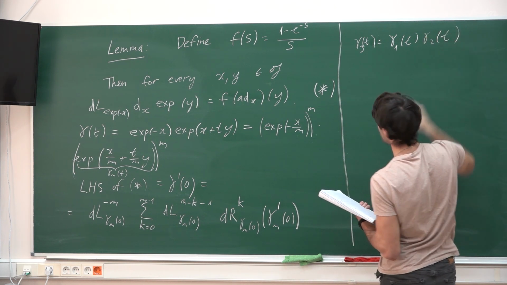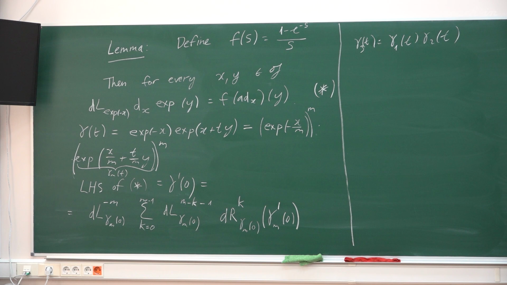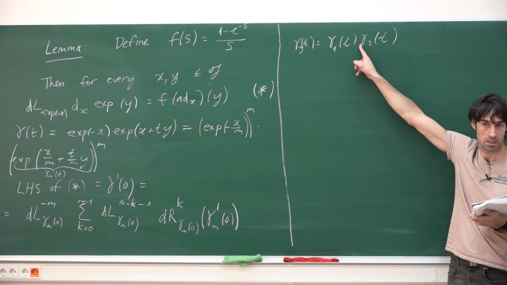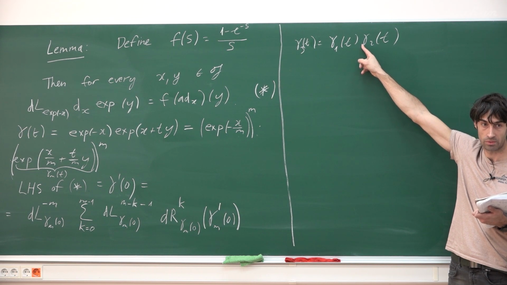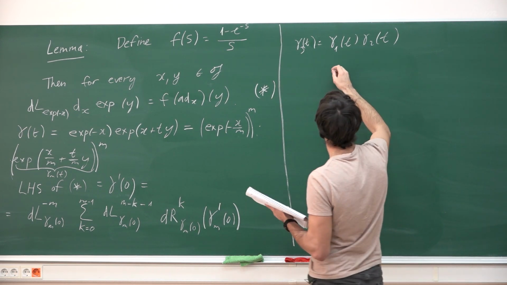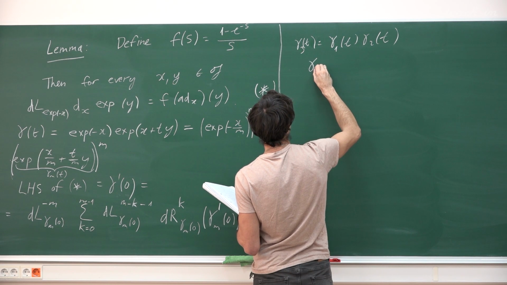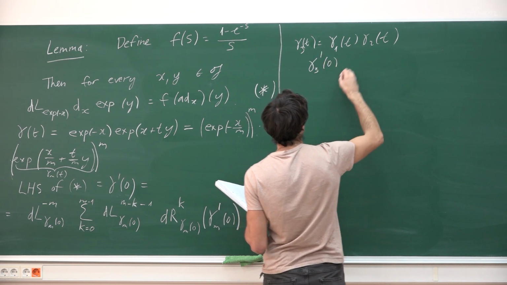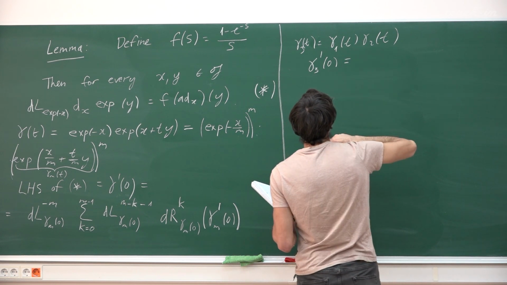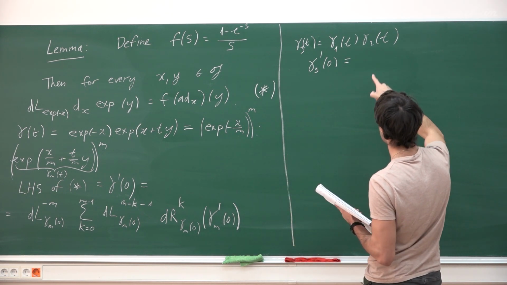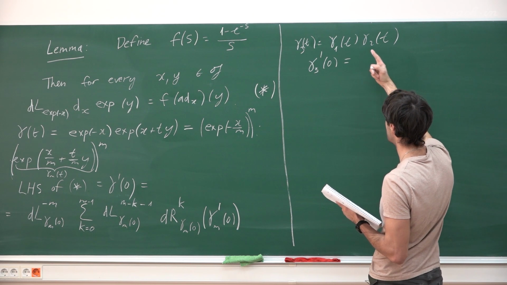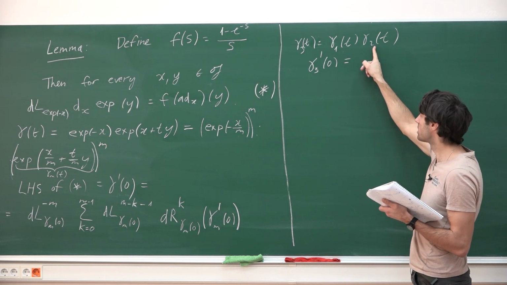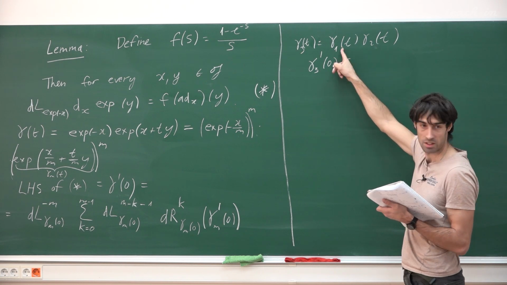These are curves in G, so they take values in G, and therefore I can multiply pointwise. Then gamma 3 prime at 0 is given by the usual Leibniz rule: derivative of this times this plus derivative of this times this.